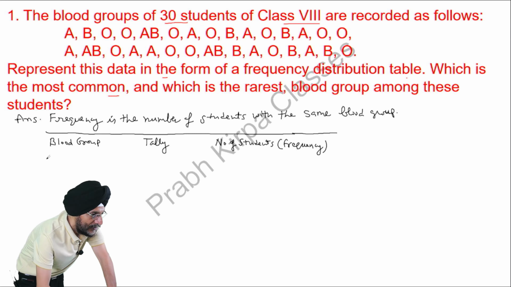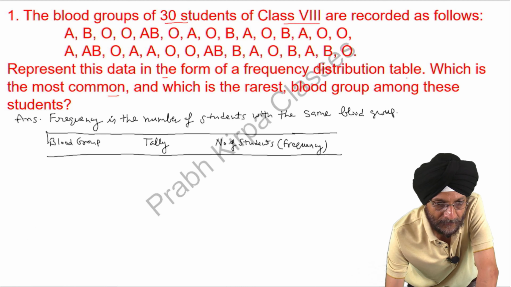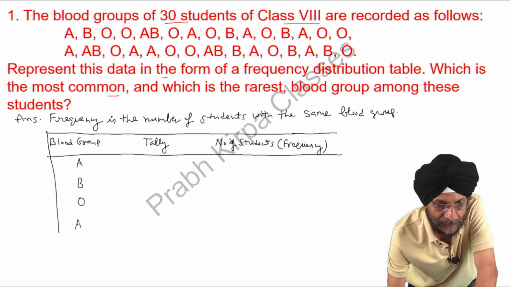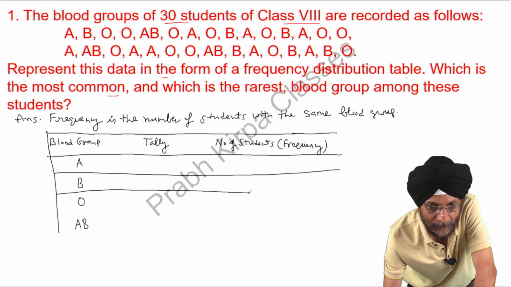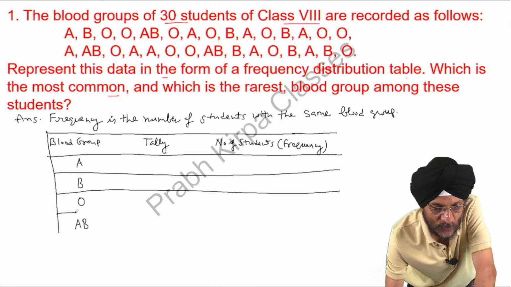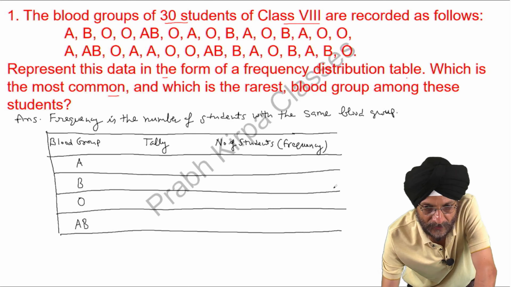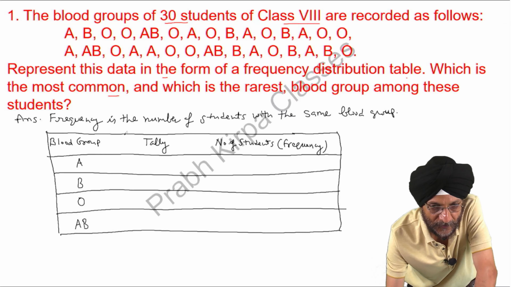These will be the columns of the table. Now how many blood groups are there? There are A, B, O, and AB. This is the table which we have formed.